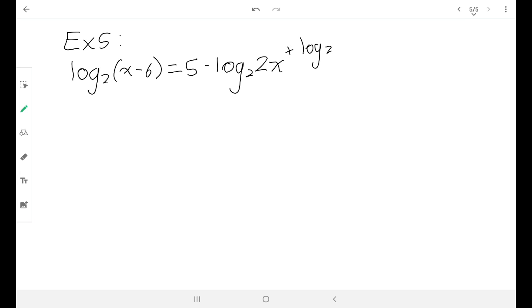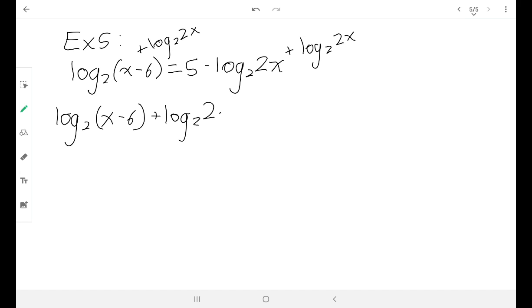So I'll add this log base 2 of 2x over here. And I'll have log base 2 of the quantity x minus 6 plus log base 2 of 2x equals 5. Now this is only helpful if the bases are the same. So you got to be conscious of that.